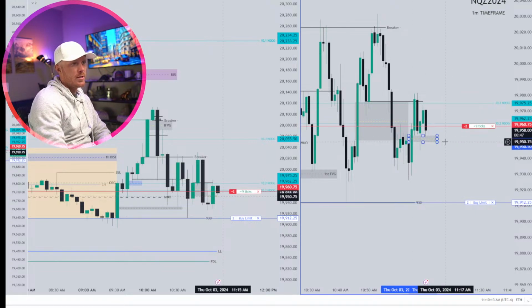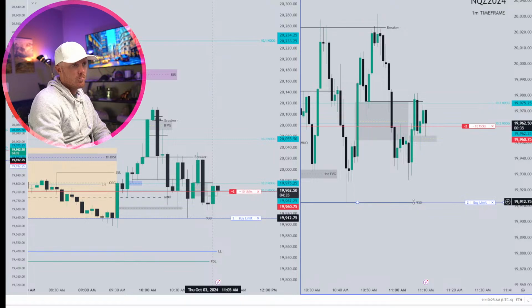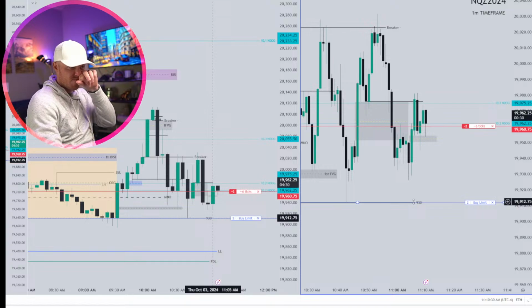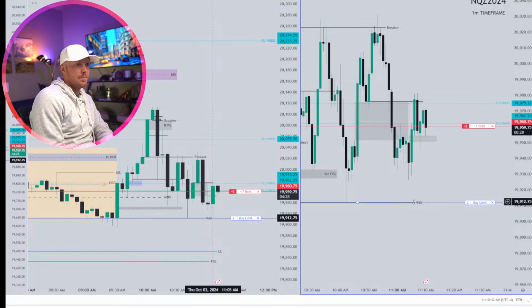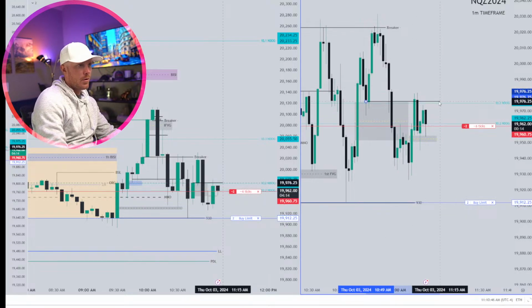If we close below this, I may even add another. If we close below this, looking to see it target that, I might take another. This is a breaker here, folks.